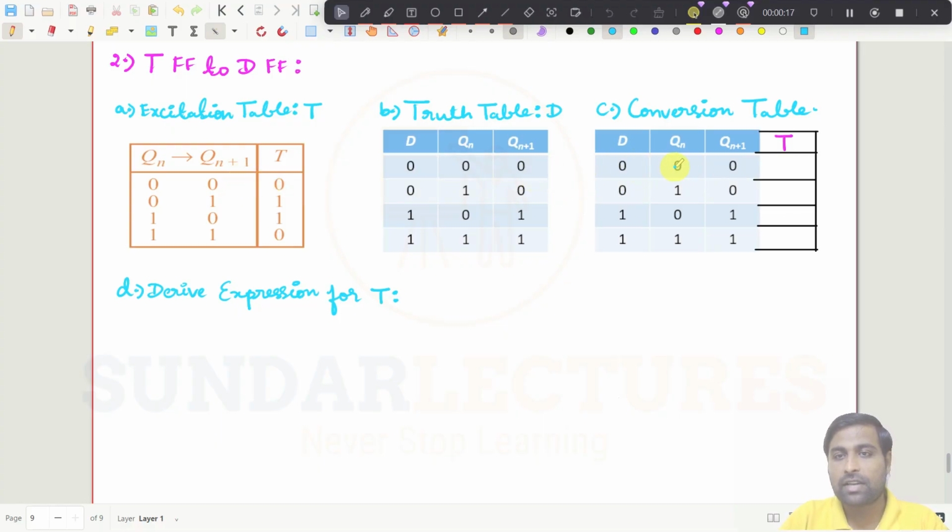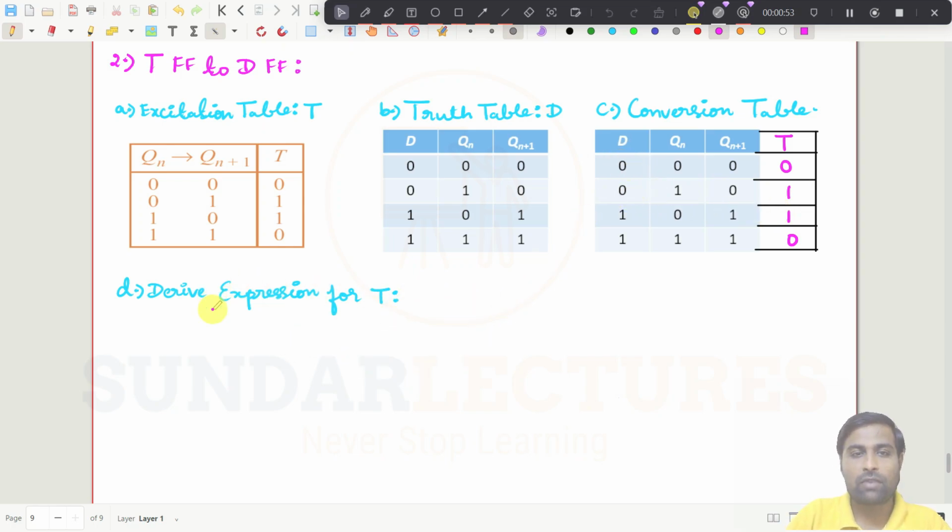Because if it is 0 0, then T should become 0, and from 1 to 0, it is 1, and from 0 to 1, again it is 1, and for 1 to 1, it is 0. So this should be the T input.